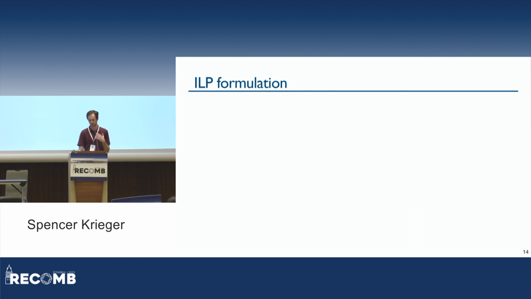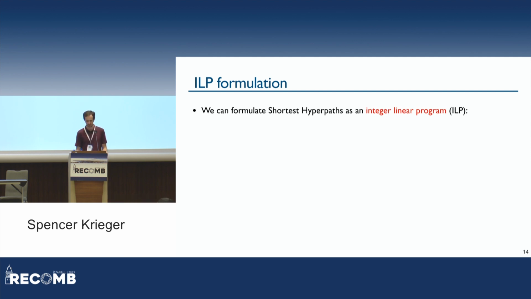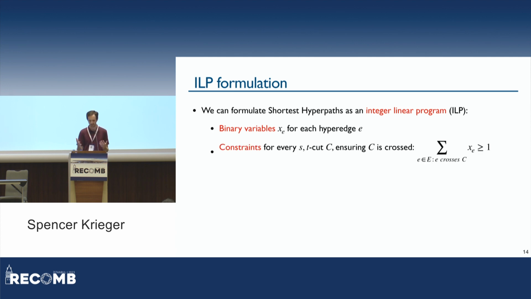For this integer linear program, we have a binary variable, x sub e, for each hyperedge E, where 1 indicates inclusion in the shortest hyperpath, and 0 indicates that it's not. Then for the constraints, we have one for every ST cut, which looks at all of the hyperedges crossing that cut and ensures that at least one of the indicator variables is active.